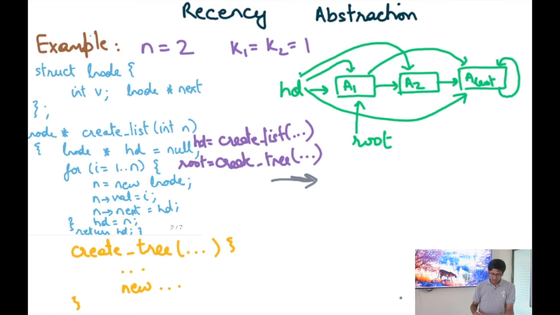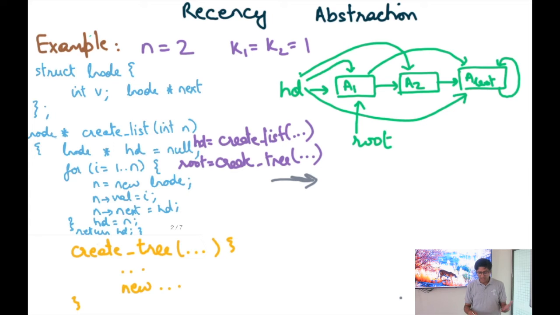And maybe through some analysis you are able to figure out that the last node allocated in create tree is the root node, so root still points to the most recently allocated object. Either root will point to nothing, in which case it's okay, or if it points to something, then it will point to A1.